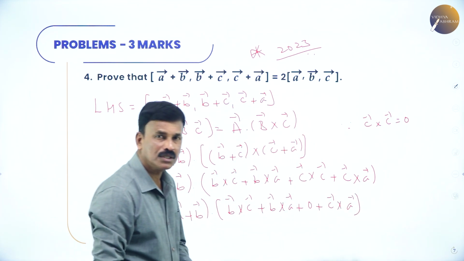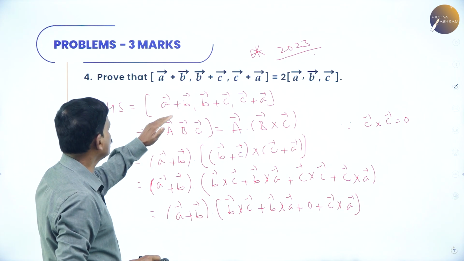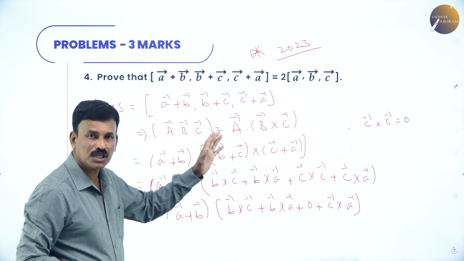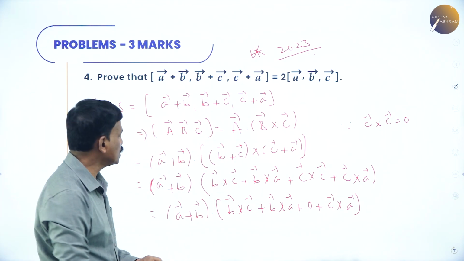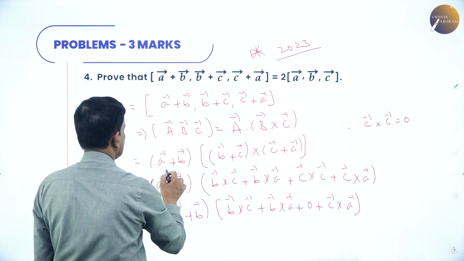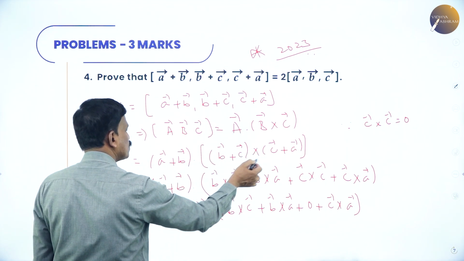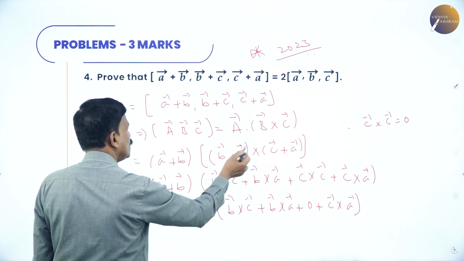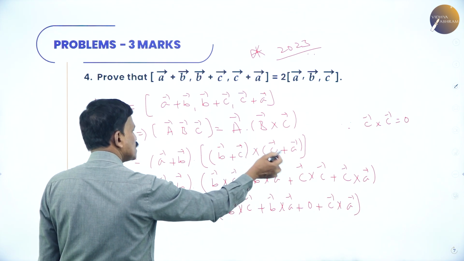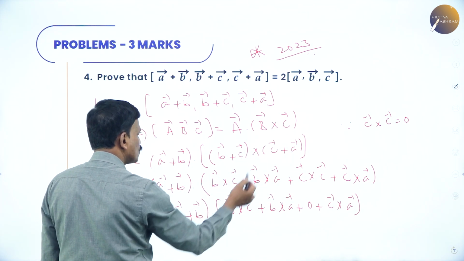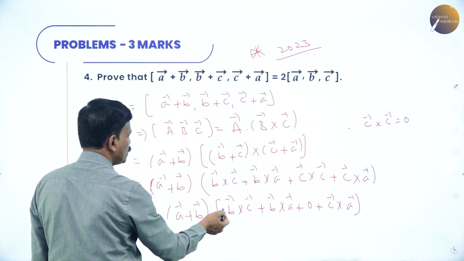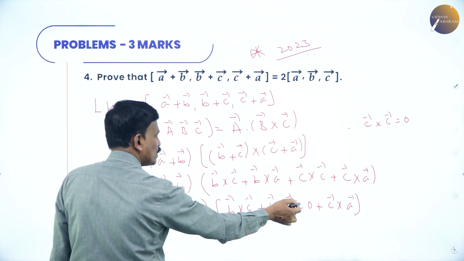Hope you followed. Since c cross c is equal to 0, we will get a plus b dot b cross c plus b cross a plus c cross a.